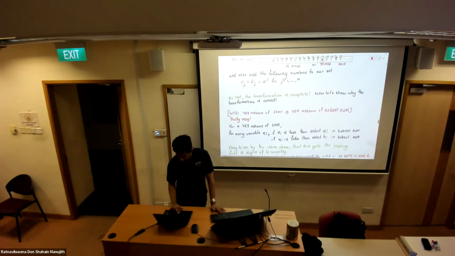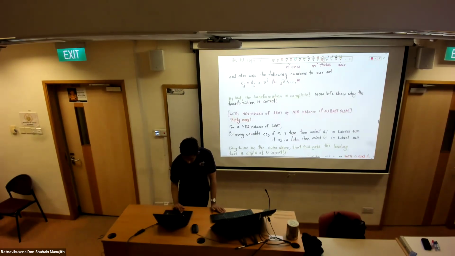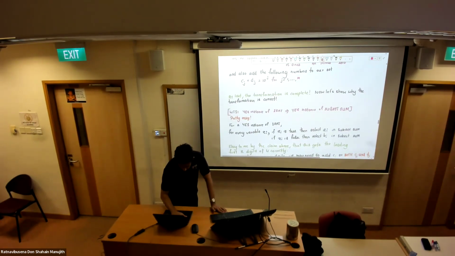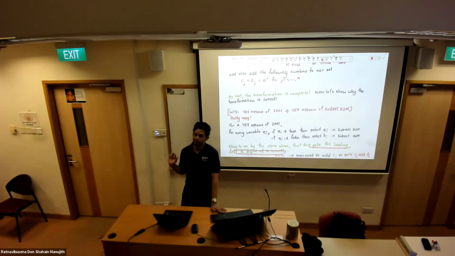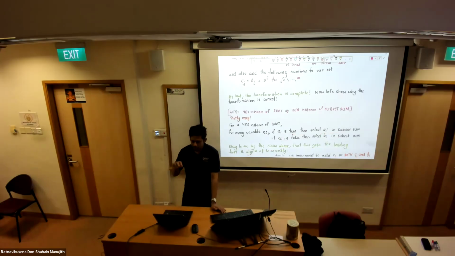So by the claims above, it is easy to see that this gets the leading first n digits of W correctly. Because for each variable xi, we either include ai or bi. If xi is true, we select ai. If xi is false, we select bi. So if you add the numbers that you choose, the first n digits of your sum will be 1. Therefore, we get the first n digits of W correctly.